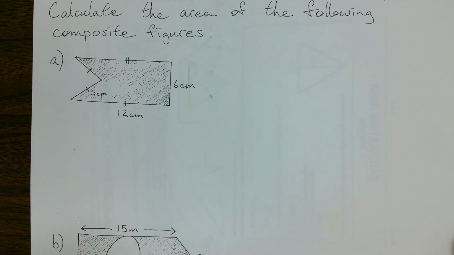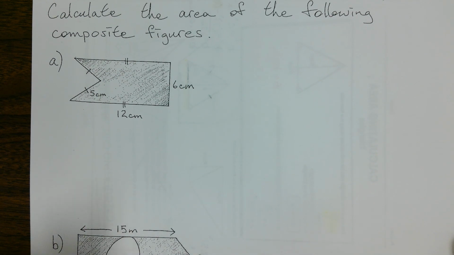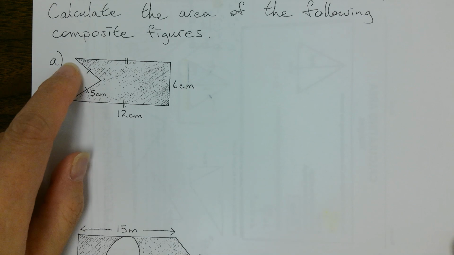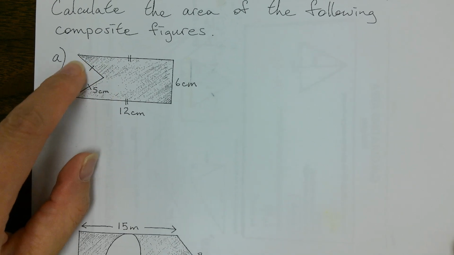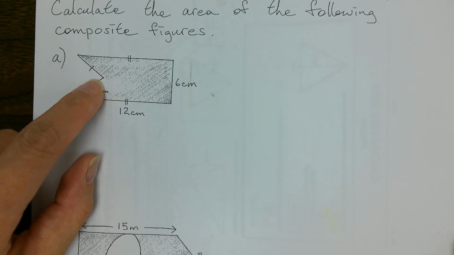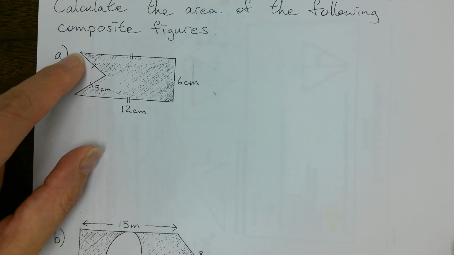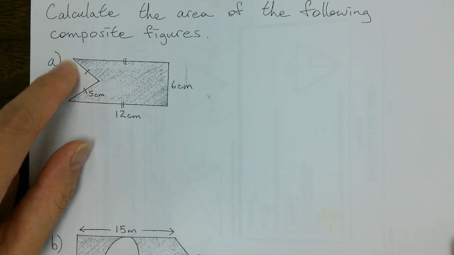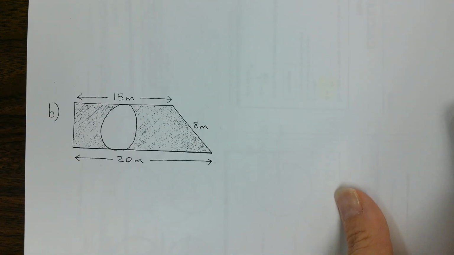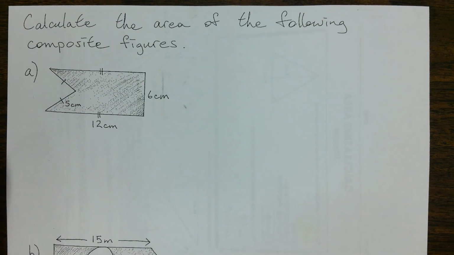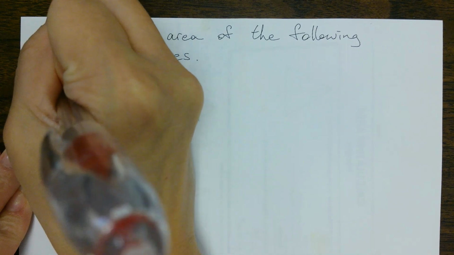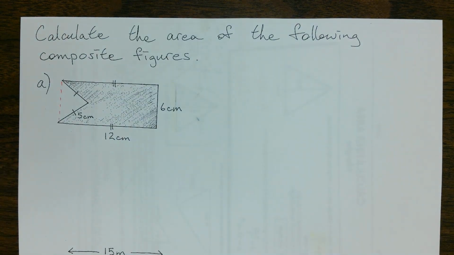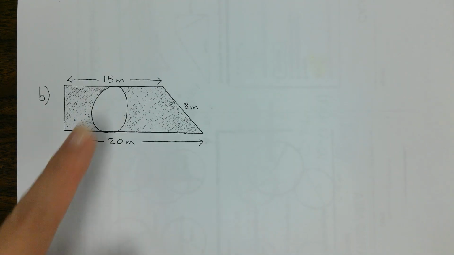Okay, what composite shapes do you see here? A rectangle and a triangle. Alright, so you would subtract the area of this triangle. So find the area of the rectangle, subtract the area of the missing triangle. Where's the rectangle? Oh, here. There. Yeah.